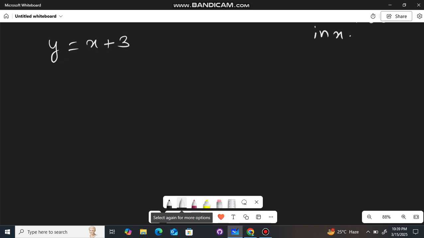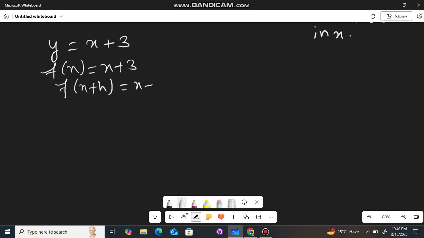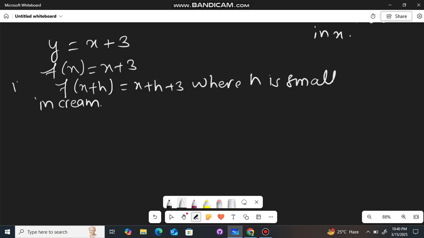So this is our f(x) equals x plus 3. If you are trying to calculate f(x plus h), it will be x plus h plus 3, where h is a small increment in x. So the value has just increased. We're just increasing a little value in x, which is h.